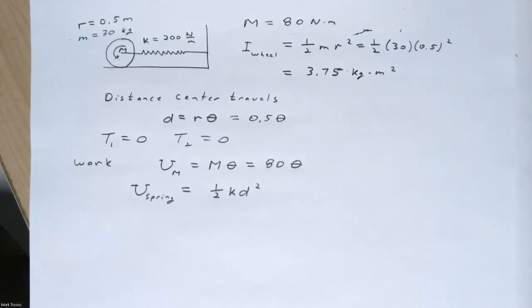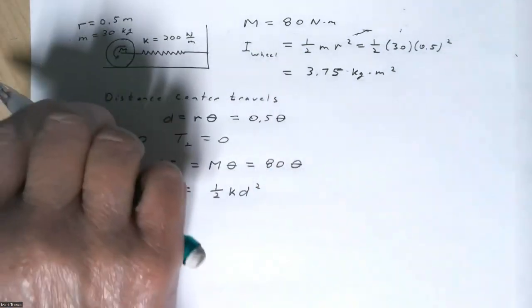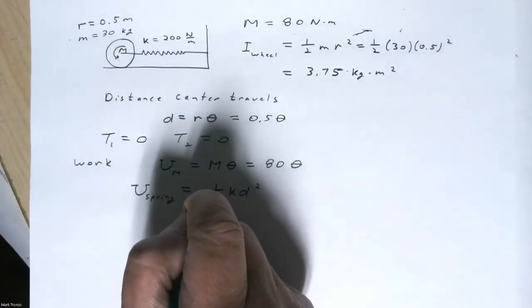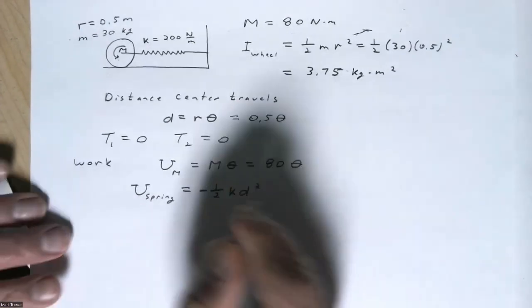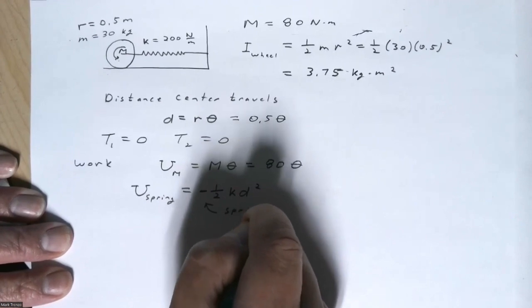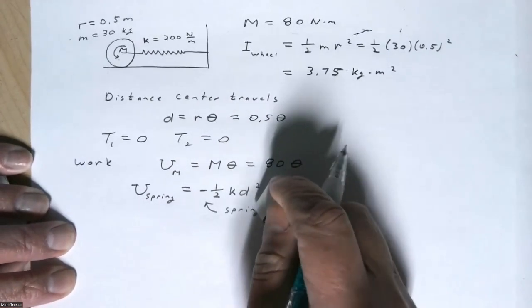Another thing to notice in this case is that the moment is trying to make the wheel move to the left, but the spring is pulling it to the right. So we want to put a negative here, because the spring pulls against the motion in this case.